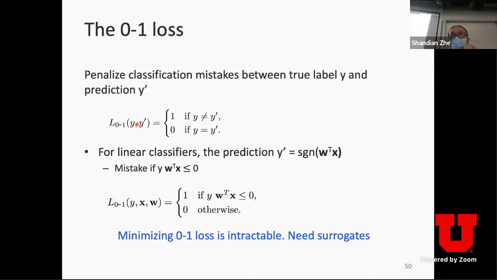Why? Yes, exactly right. If you define the 0-1 loss for the linear classifiers, you see that it's just a step function. So you actually don't have a gradient.